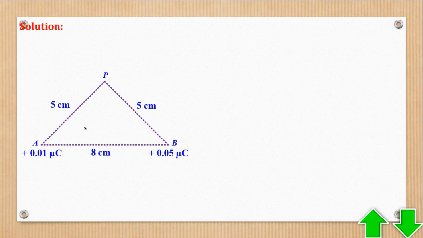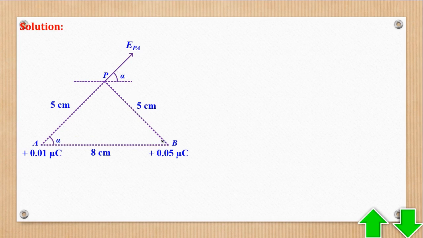Okay, so this one shows that it is an isosceles triangle, meaning this angle is equal to that angle. Because here there is positive and this is also positive, there will be repulsion, that's why it goes that side. And this angle will be equal to this angle, corresponding angles.